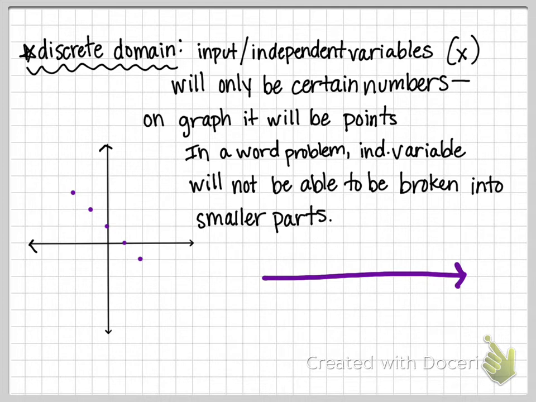That's the only way that you figure this out if it's not given. Otherwise, discrete domain doesn't happen. If you're given a function, it's always continuous unless it's a word problem, then it might be discrete. We'll talk about how that looks. It happens when the independent variable cannot be broken into smaller parts in a word problem.